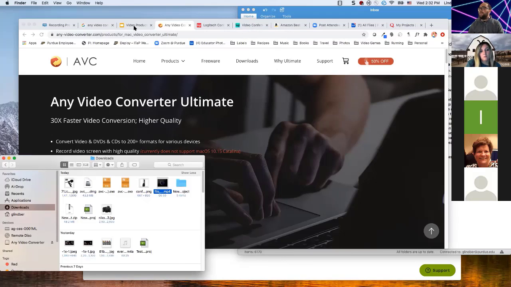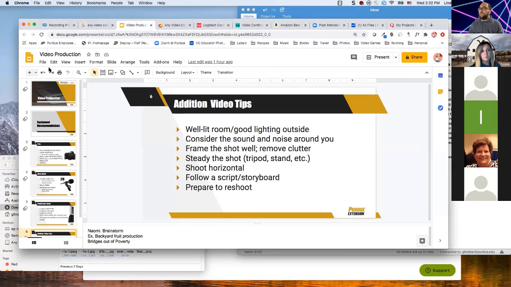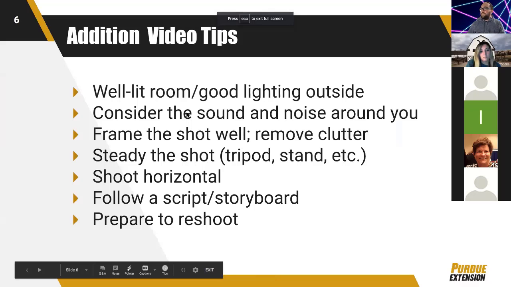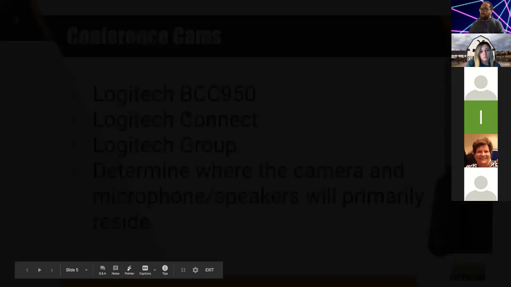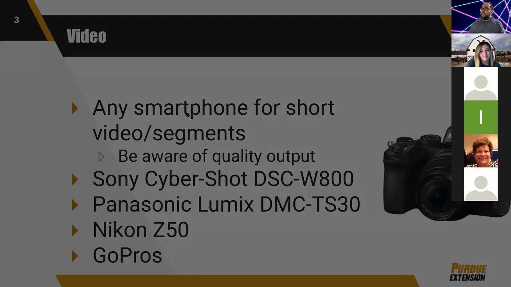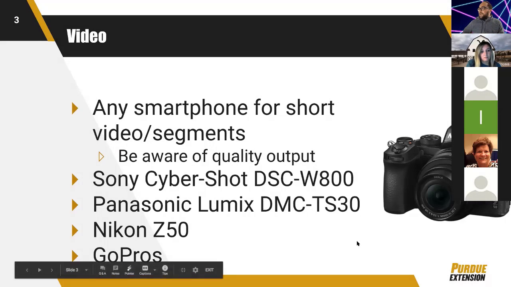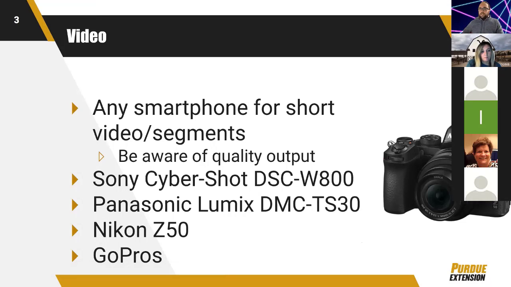And then, if we're looking at equipment recommendations, some things that we've talked about in the beginning, but we really didn't give any full recommendations. So any smartphone for a short video or a segment in a video, I think is fine.